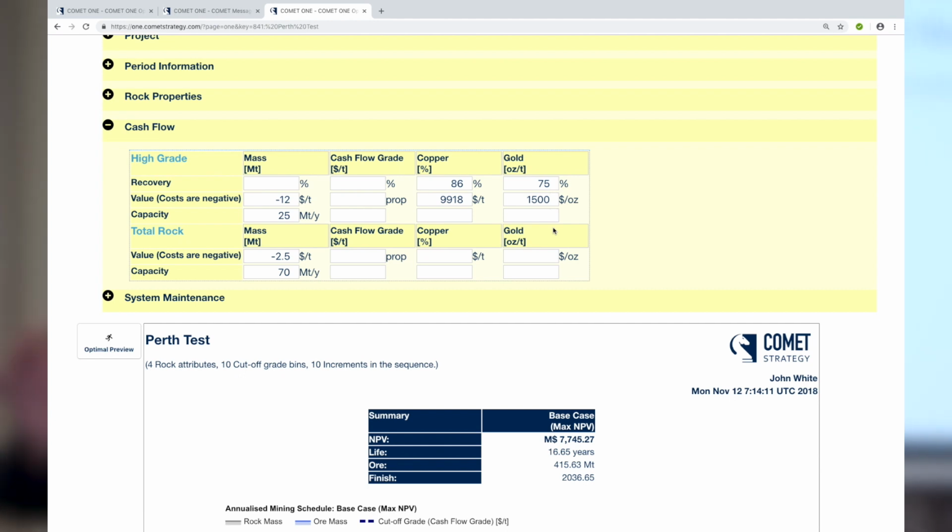So this will define our processing revenue, our processing cost and our processing capacity. And then at the bottom, from a mining point of view, it's going to cost us $2.50 per tonne to mine the rock, and we've got a capacity of 70 million tonnes.